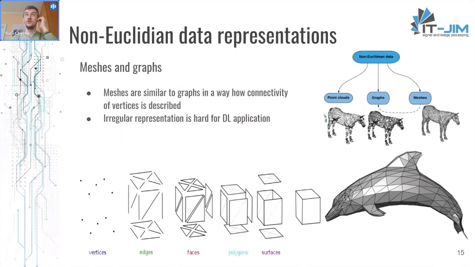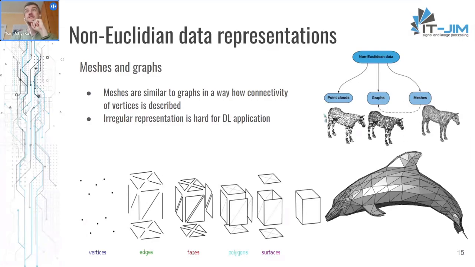Meshes are more complex structured representations, and they are made from a few key elements like vertices, edges, and faces.